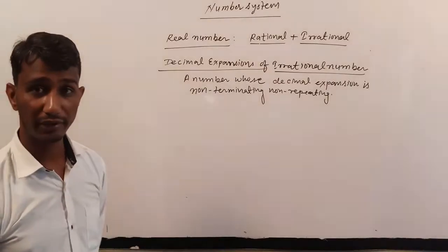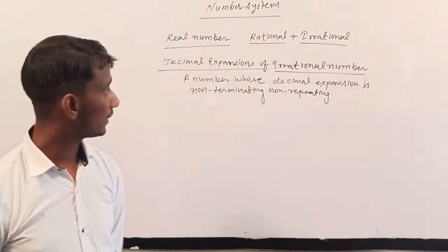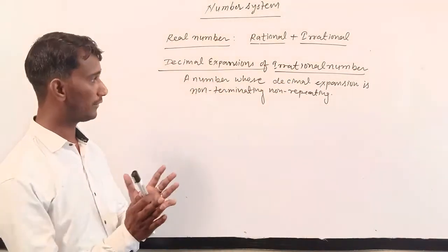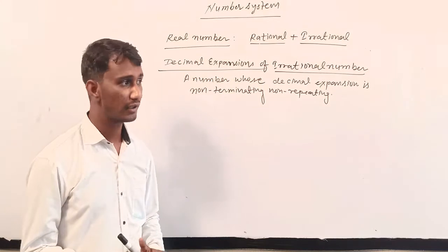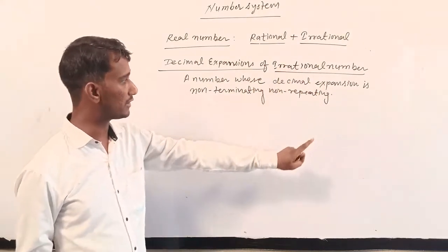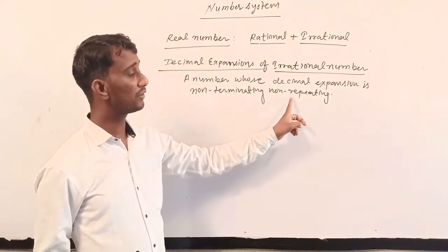Okay, student. If you have any irrational number, the decimal form of this number is non-terminating, non-repeating.